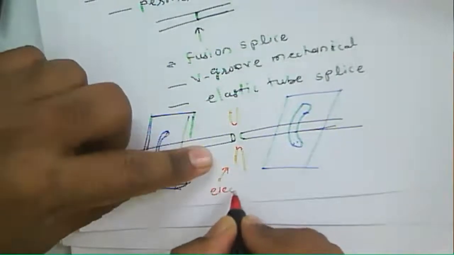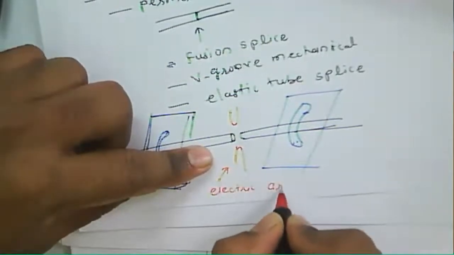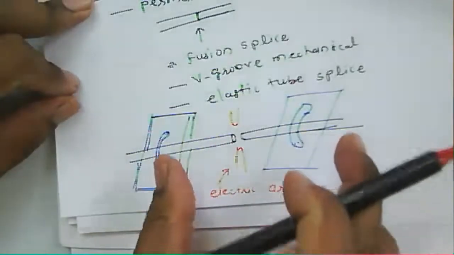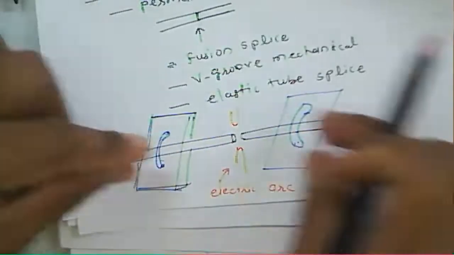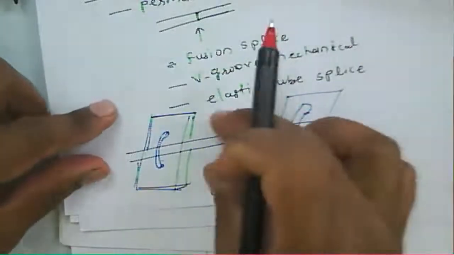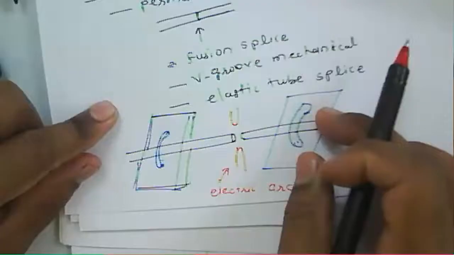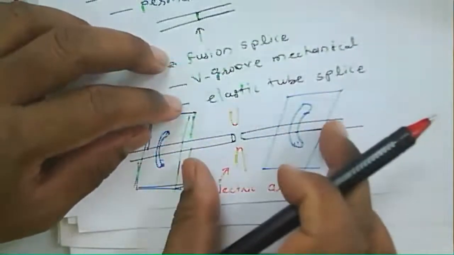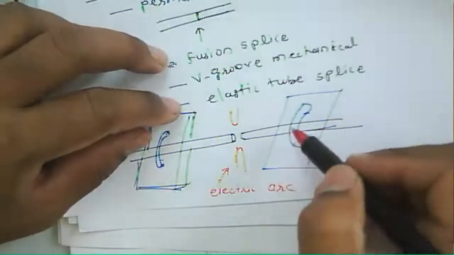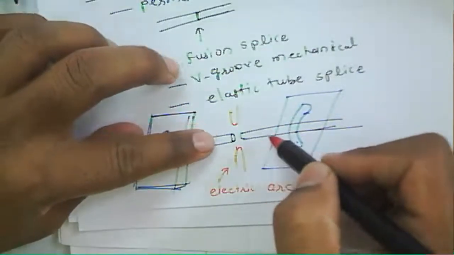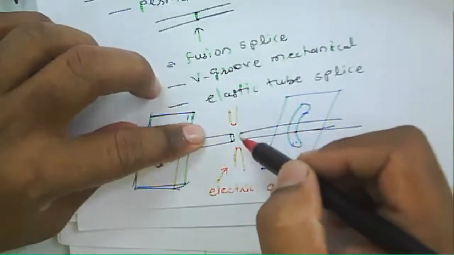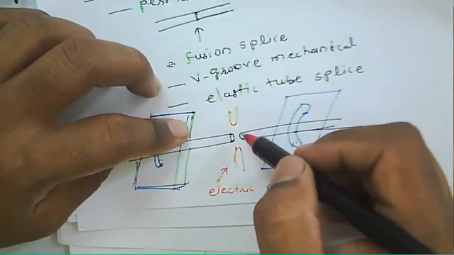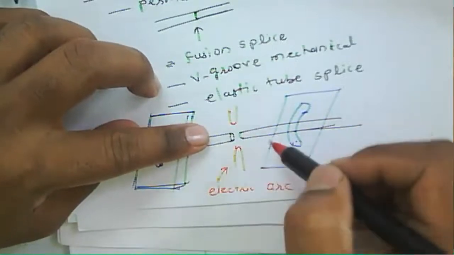This is about an electric arc or welding technique. This is the fusion splice technique, which means we are connecting the fibers using fusion. But when connecting these two fibers, the ends must be very close and very smooth, and then we need to apply a sufficient arc.